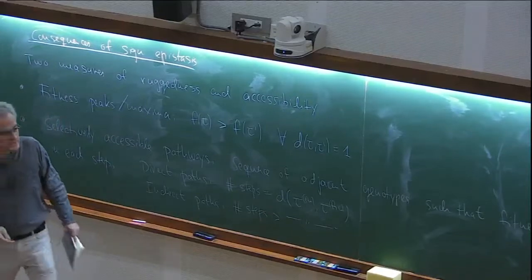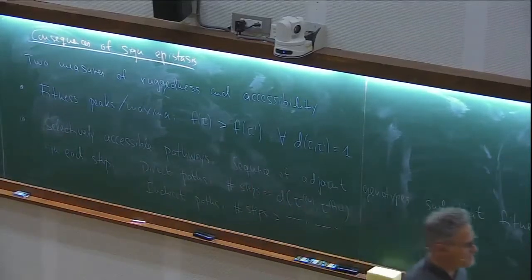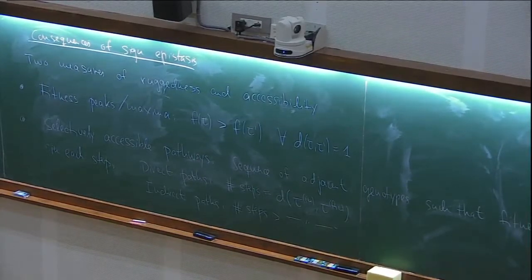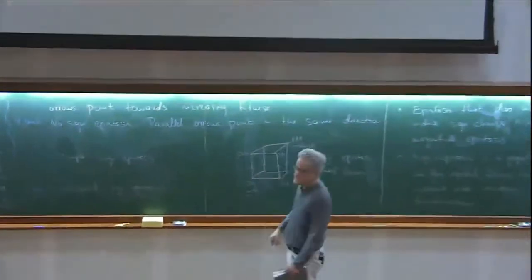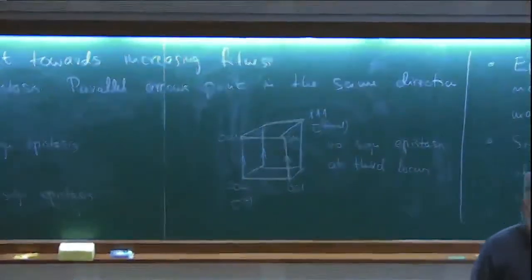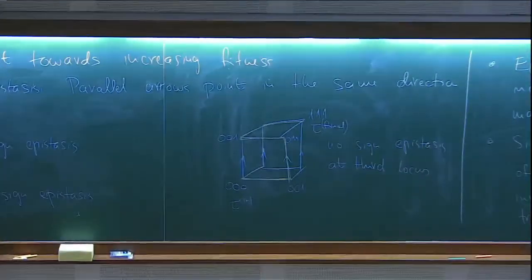As you can see in this example, in this binary setting, indirect paths imply that you actually have reversions. For example, you mutate the first locus and the second locus, and then you reverse the second locus. So the indirect steps are related to mutational reversions.